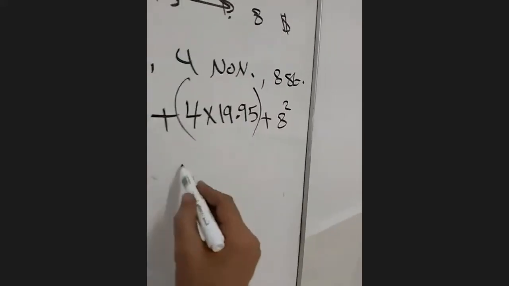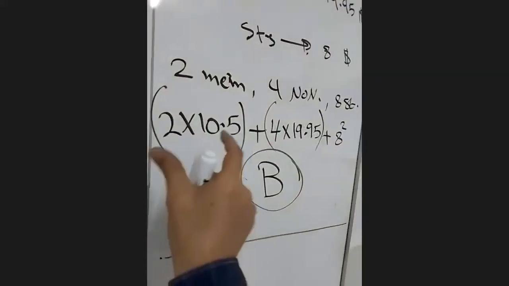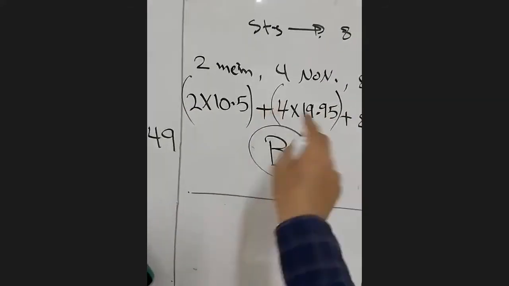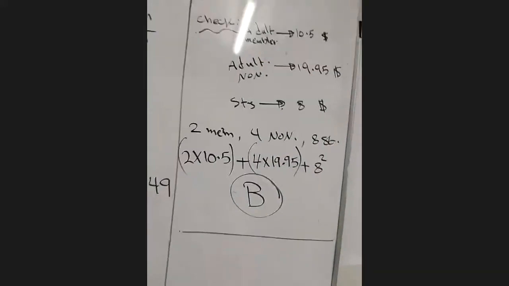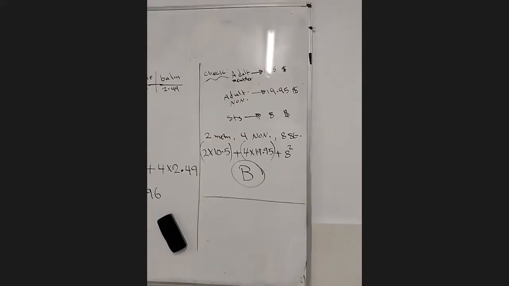It is B. They put the terms in a different order, but addition is commutative, so it's okay to switch them. So this is the check.